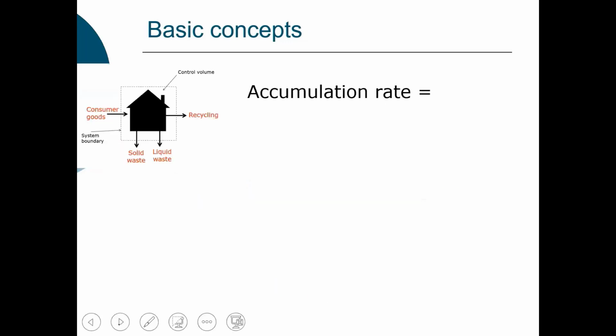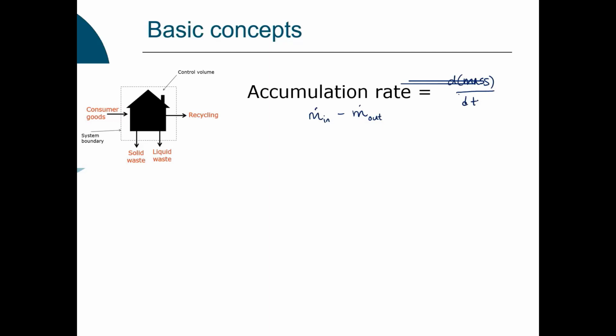Now, if we go here, we can write that we have an accumulation rate. So that's what we're looking at. We're looking at the change in mass in this space. So we can add terms. We have the mass rate in minus the mass rate out, and that equals our accumulation rate, or the change in mass with respect to time.